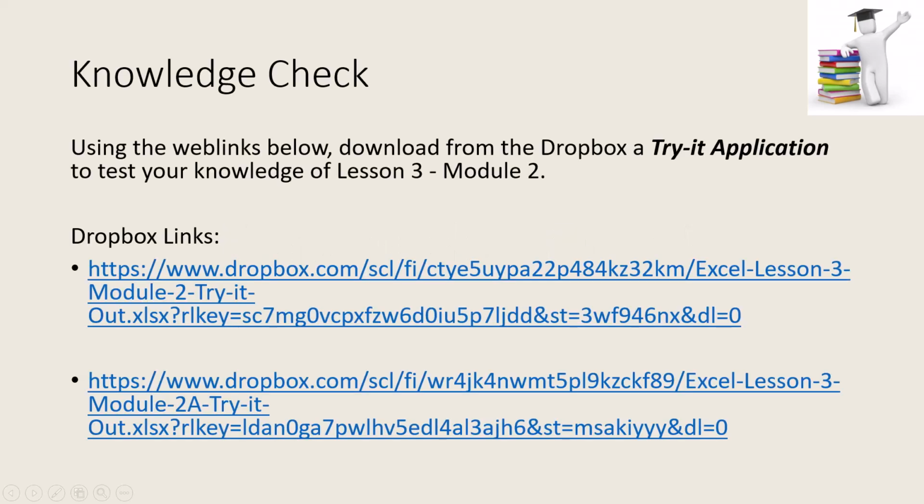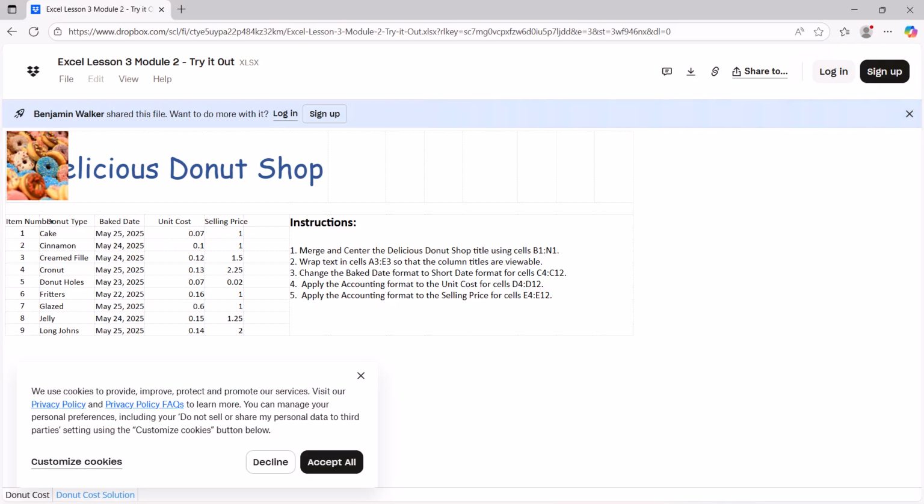Using the web links below, download from the Dropbox a Try It application to test your knowledge of Lesson 3, Module 2. You will have access to these links that are located underneath the table of contents on this video. Click both links to access the Dropbox. Once you have gained access to the Dropbox, go ahead and click on the download link.